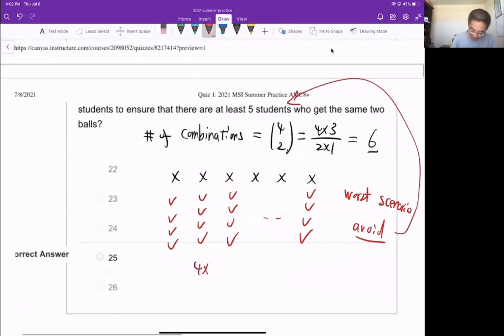So that's 4 times 6, which is 24. Therefore, if we just add 1 more, then it becomes inevitable that we'll get at least 5 students who have the same combination. So the answer is 25.